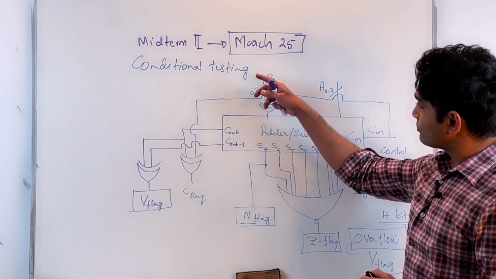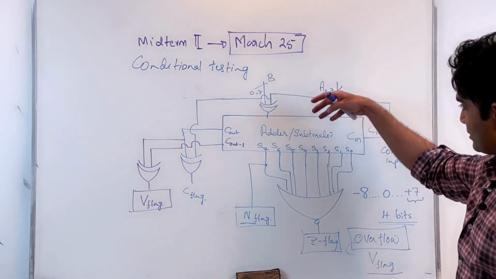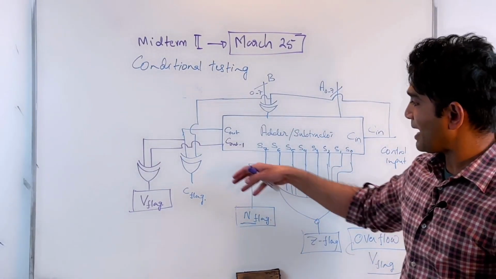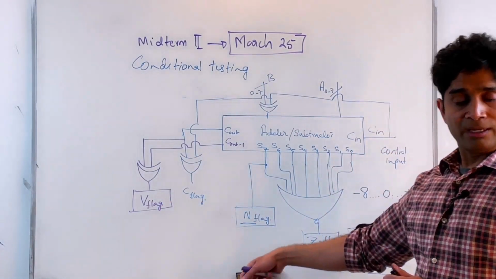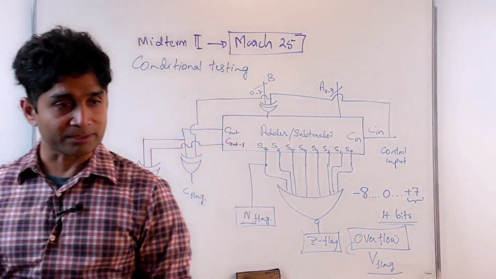Then look at what answers you get for S once you pass different numbers, how the flags get modified, and so on. So I would like you to be working through some examples here.